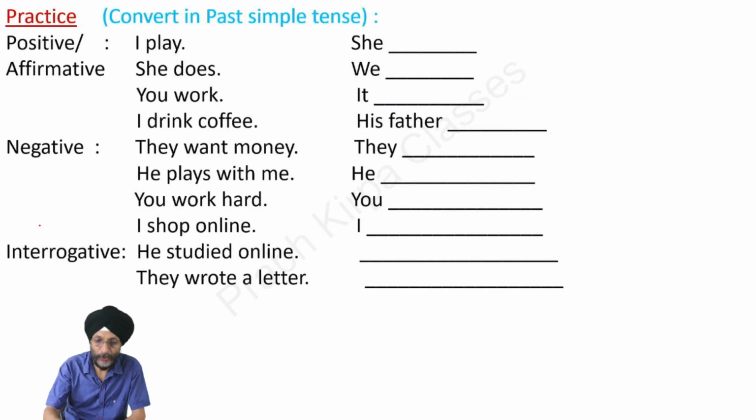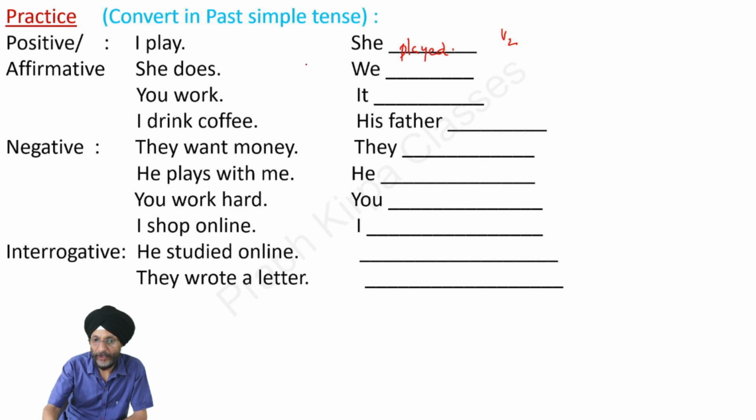Now we'll do practice of this past simple tense. I played. Here we will use she, as we have already pointed out that in the case of positive past simple tense, we use the second form of the verb. That is, it becomes she played. Affirmative. She does.